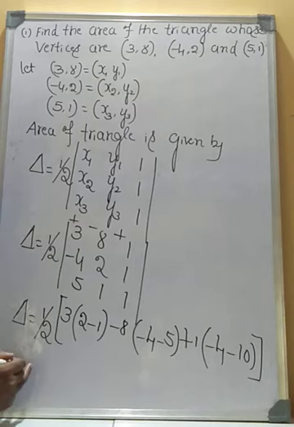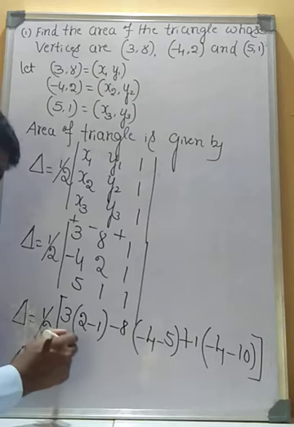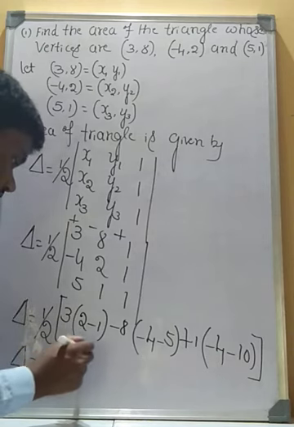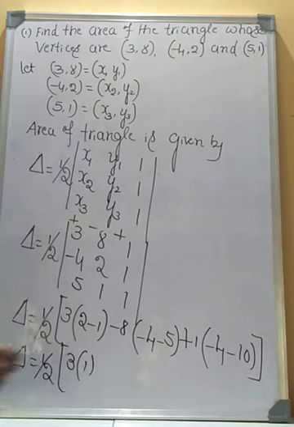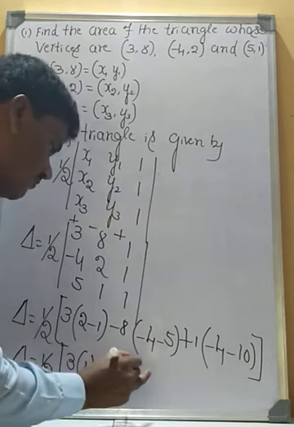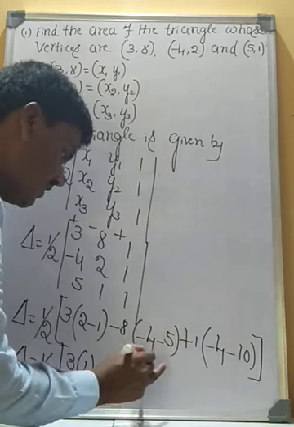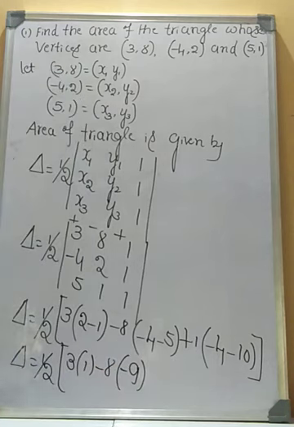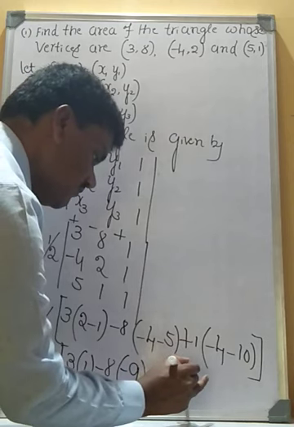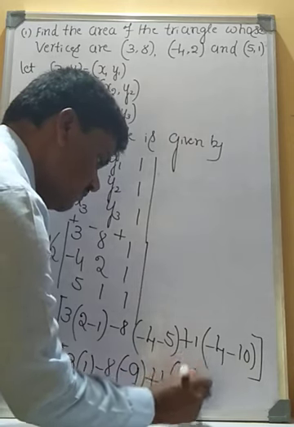So delta is half into 3 into 1, minus 8 into minus 9, plus 1 into minus 14.